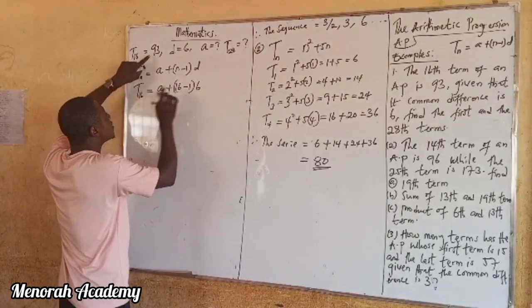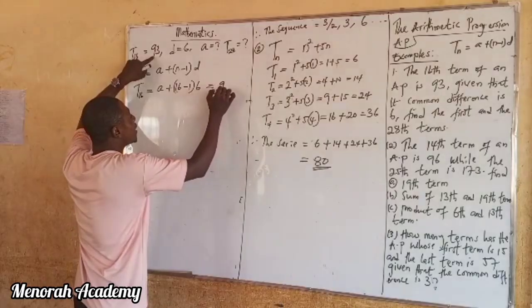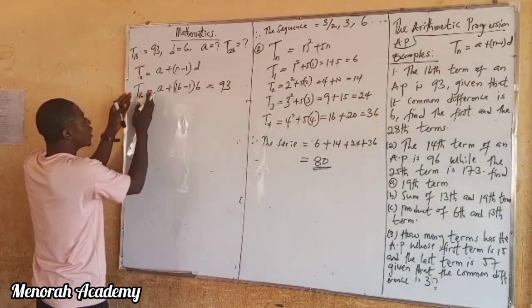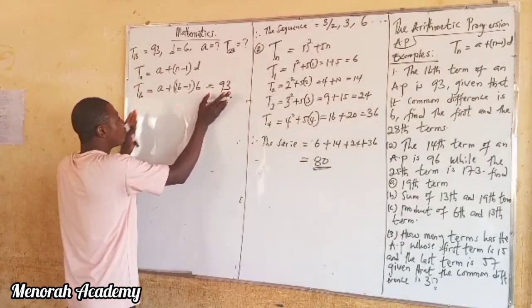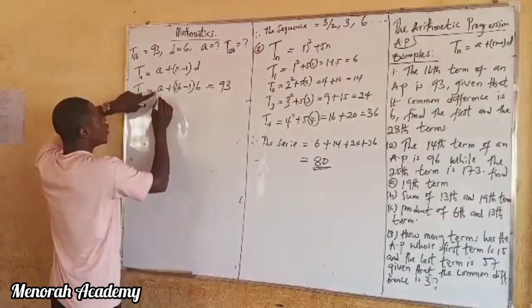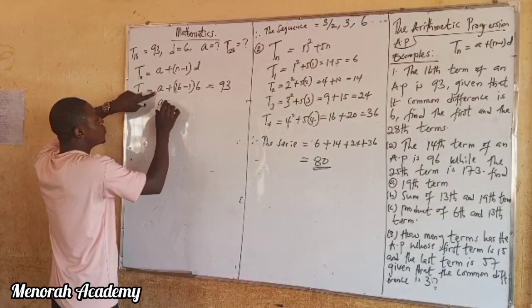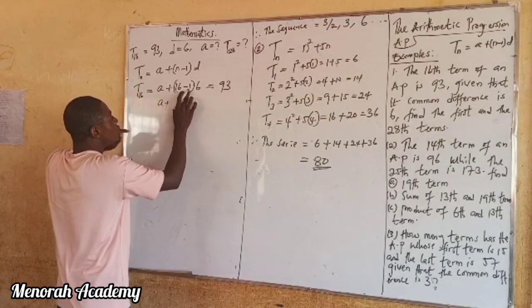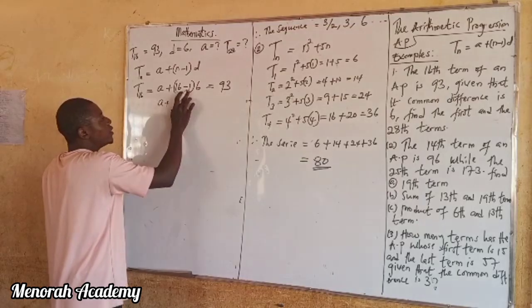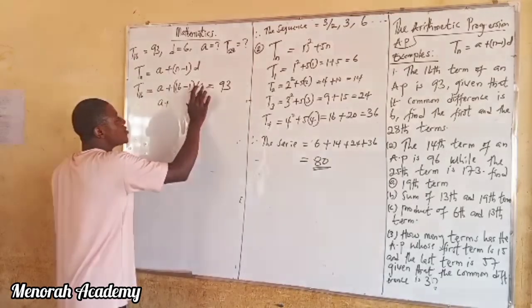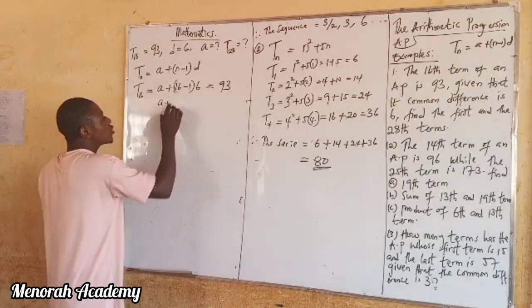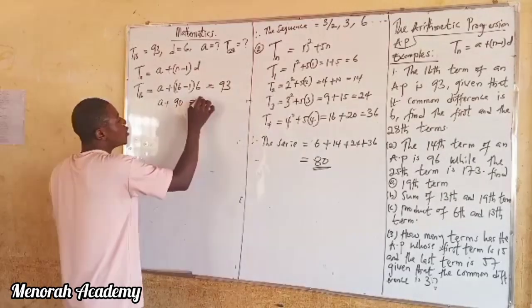All of this, t of 16, is given to be 93. So now we forget about this left hand side. Then we focus from here to here and solve algebraically. So we are going to have a plus 16 minus 1, which is 15. Then 15 times 6 is going to be 90, equals 93.